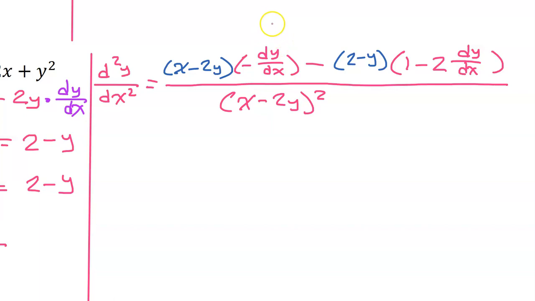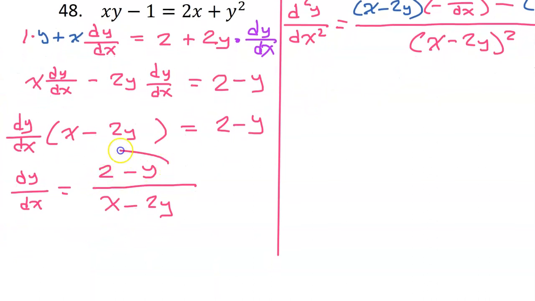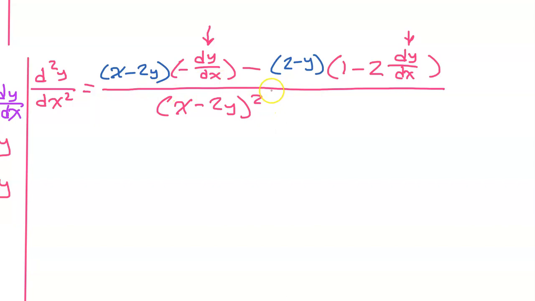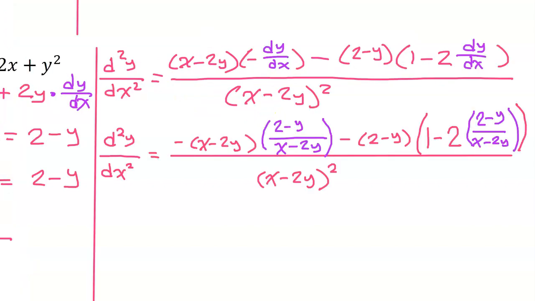So this is the second derivative. Somehow I need to replace these dy dx's by this whole thing. If there's anything I can simplify first, I better do that. I decided there wasn't much I could do in terms of simplifying, so I went ahead and did the substitution.